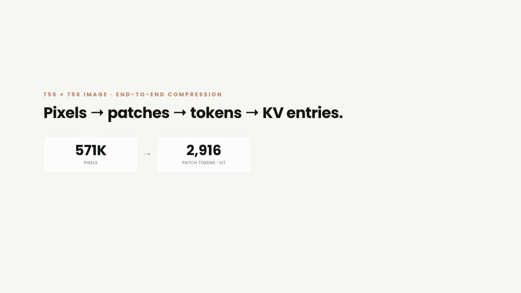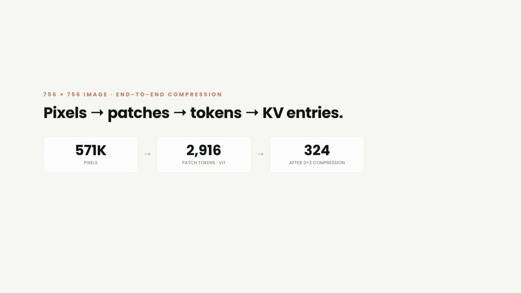That first becomes 2,916 patch tokens. Then they apply a 3x3 spatial compression along the channel dimension, taking 9 adjacent patches into one. That brings it down to about 324 tokens.